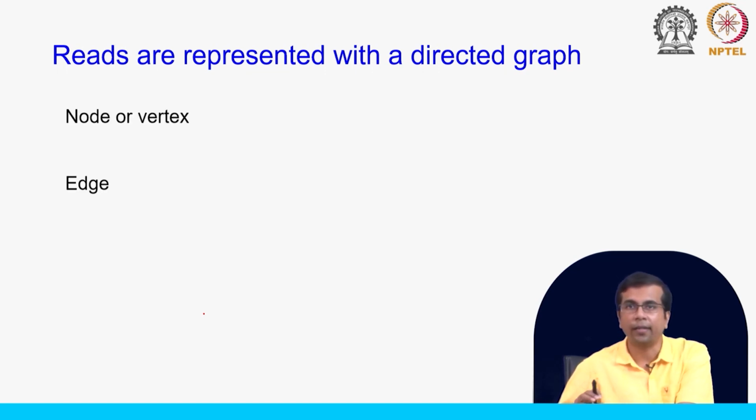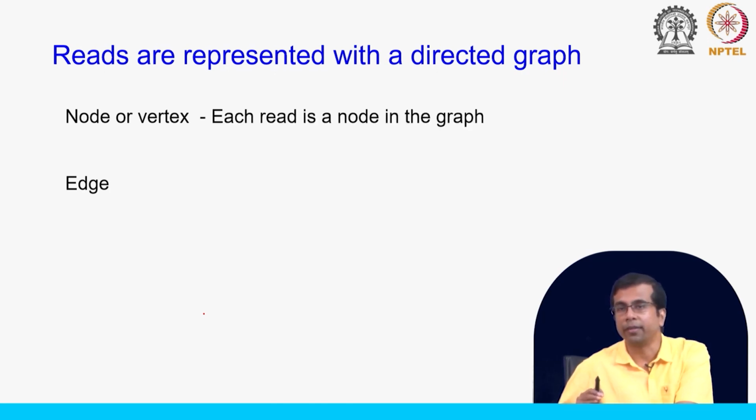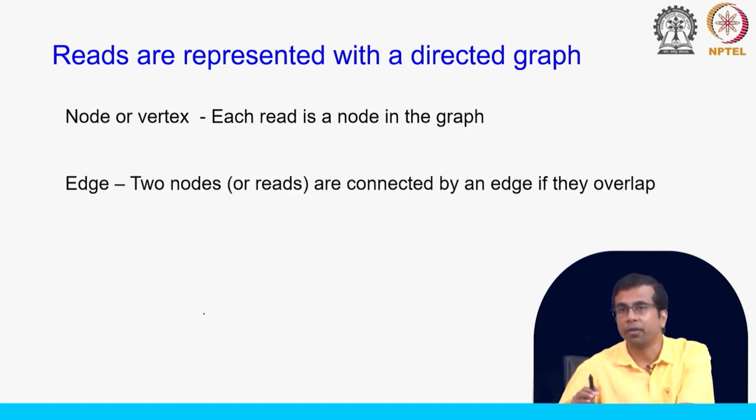As part of the graph we have nodes, or vertices, and edges. Each node is a read, so a read is represented as a node in the graph, and two nodes or reads will be connected by an edge if there is overlap in sequence between these two.